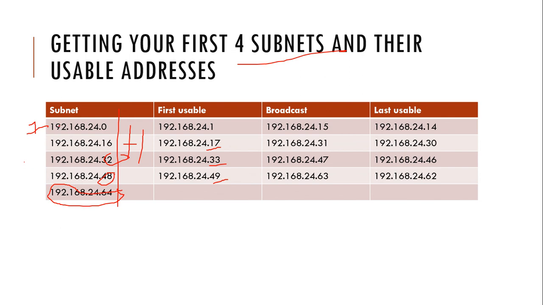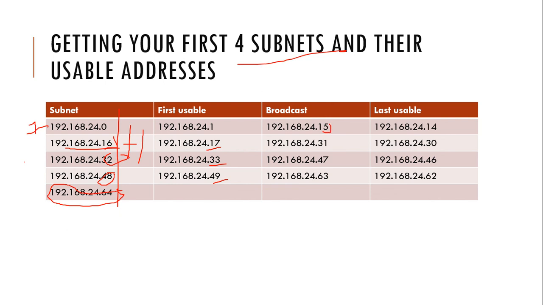In order to get my first subnet's broadcast, I must use the next network. Then in my next network, I'm gonna subtract a 1 from the last octet. Here's my broadcast. I took the next network, and then I subtracted a 1 on the last octet.